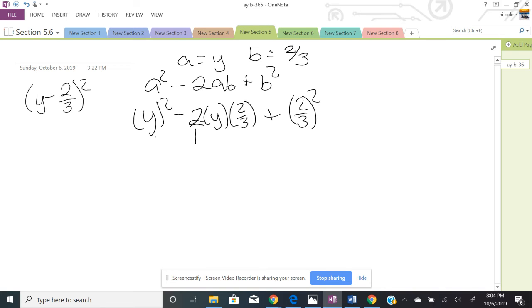So y squared becomes y squared. So here I'm going to deal with the fractions. 2 times 2 is 4. 1 times 3 is 3, so it's 4/3 y. Plus, here I'm going to square it. 2 squared is 4. 3 squared is 9. Not too bad.